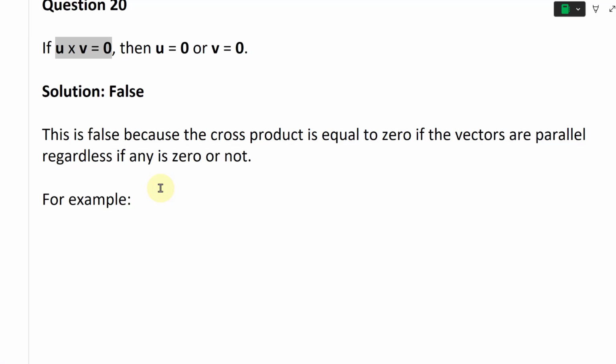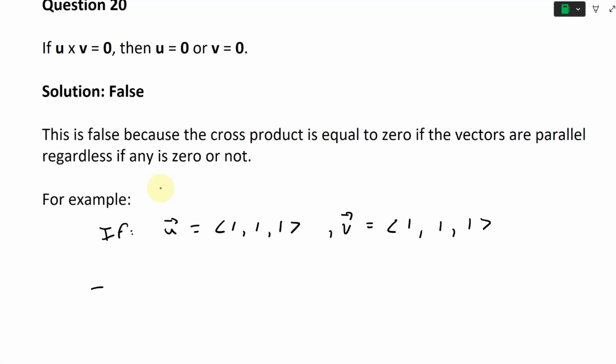For example, let's say u is equal to (1, 1, 1), and let's say v also equals (1, 1, 1). So they're both equal to the same thing. In other words, u cross v, they're both parallel, and this just equals 0.